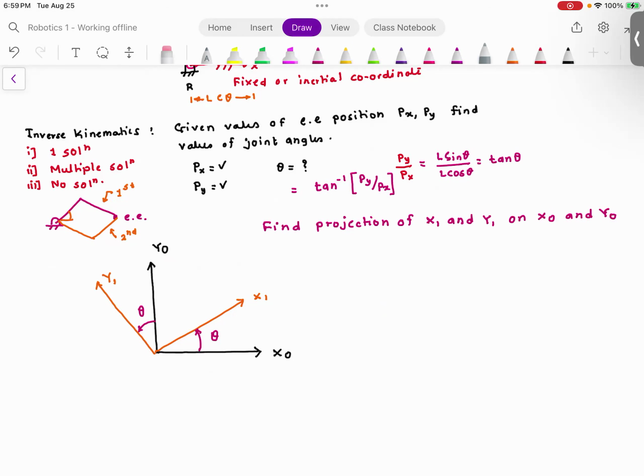To do this, I'm going to extend this axis and draw perpendiculars. So first, you see that this distance is going to be x1 cosine theta. You agree with me? This distance is going to be x1 cosine theta.